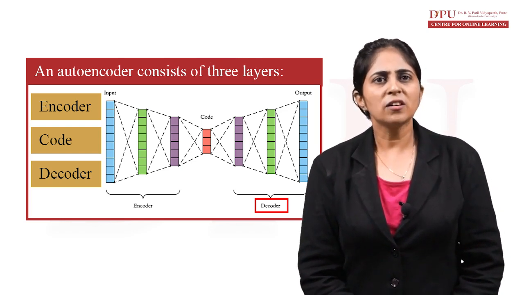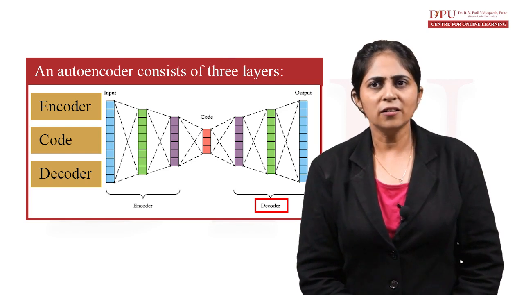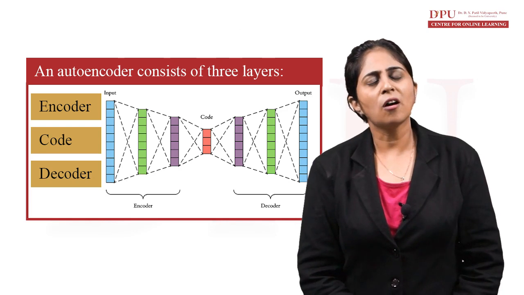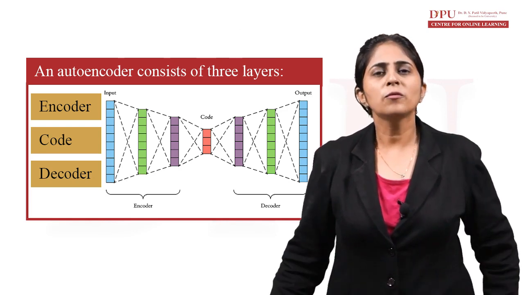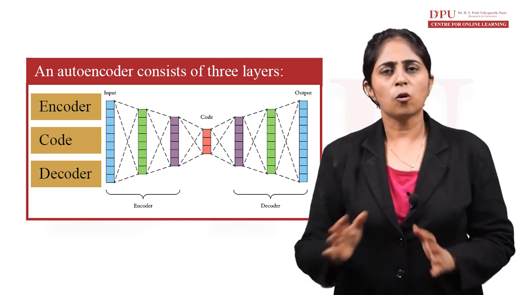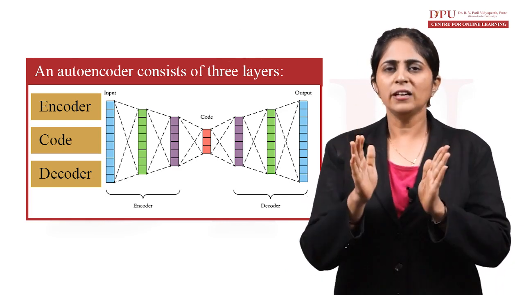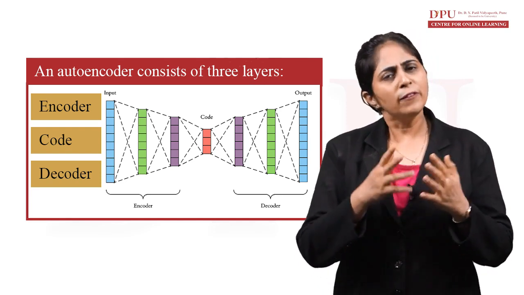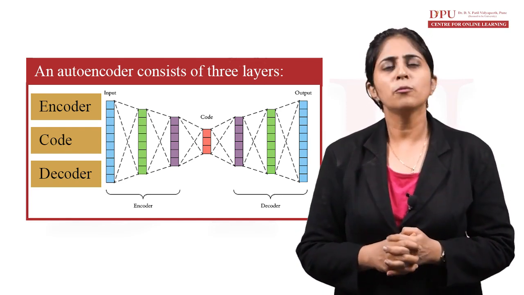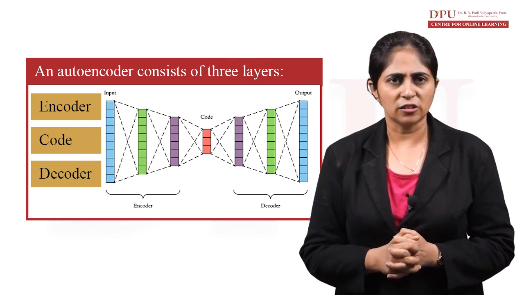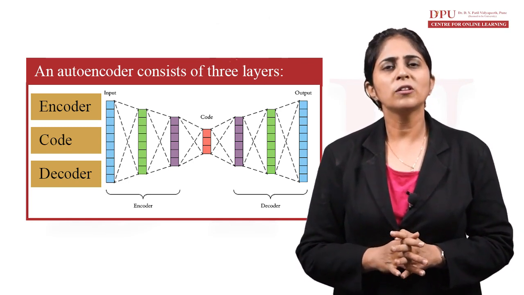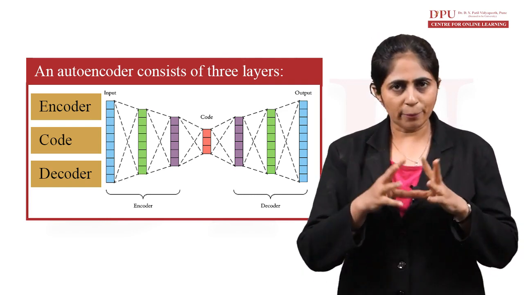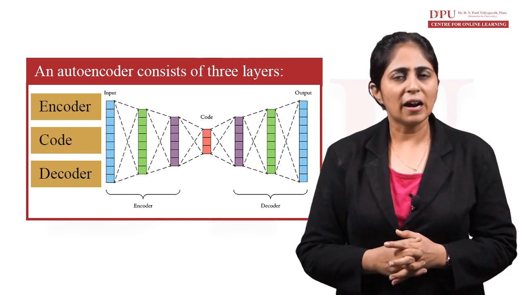The decoded image is a lossy reconstruction of the original image. So what we are doing using this autoencoder neural network is trying to compress the size of our image. We have different types of autoencoders which are used for different types of functions. Here we are talking about the autoencoder neural network being used to compress the size of our image.